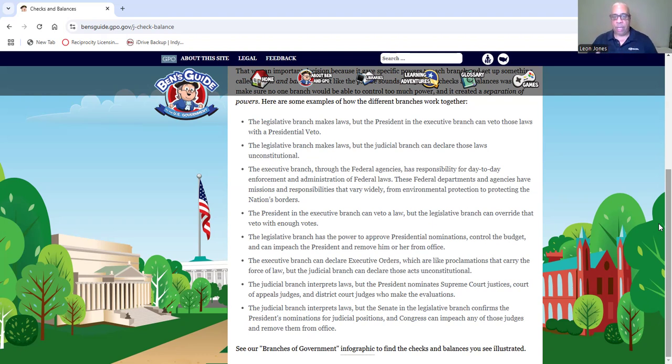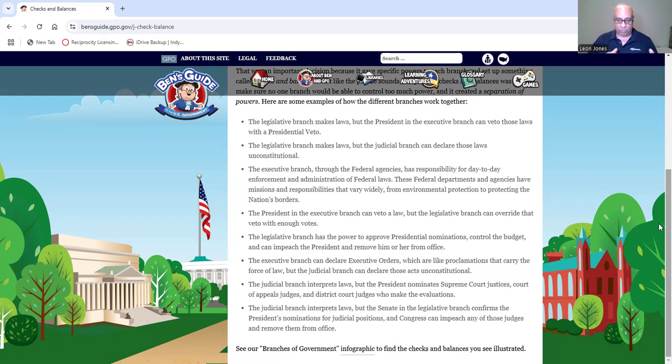Now, the executive branch can declare executive orders, which are like proclamations that carry the force of law, but the judicial branch can declare those acts unconstitutional. Now, again, the judicial branch interprets the laws, but the president nominates Supreme Court justices, Court of Appeals justices, and district court justices who make the evaluations.